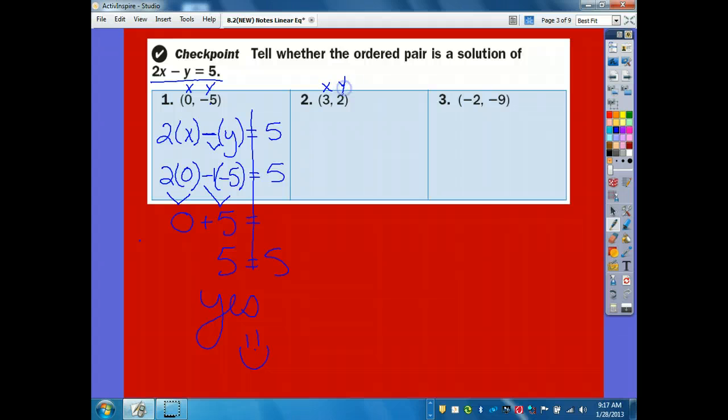Same equation. Raise your hand when you get this one done. What do I substitute in here, Alex? 3?